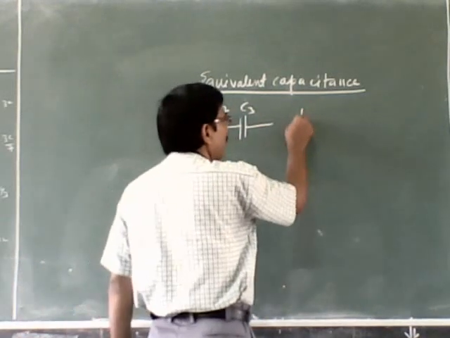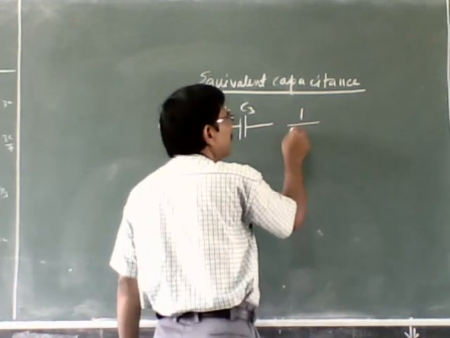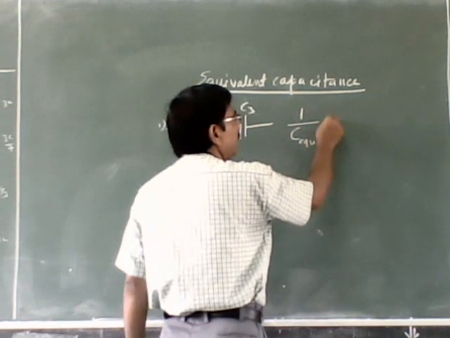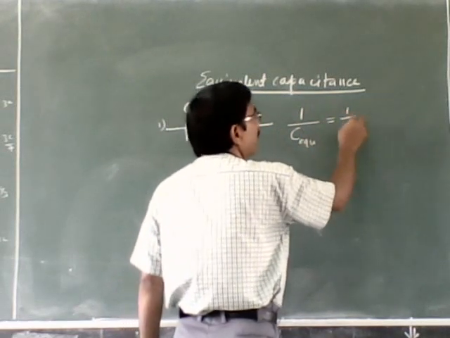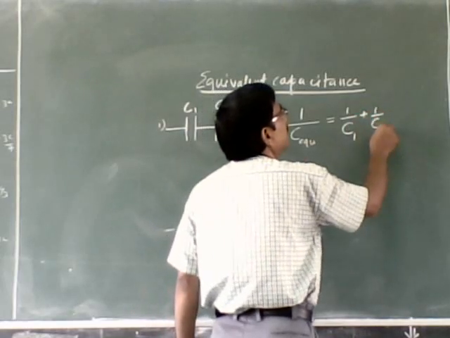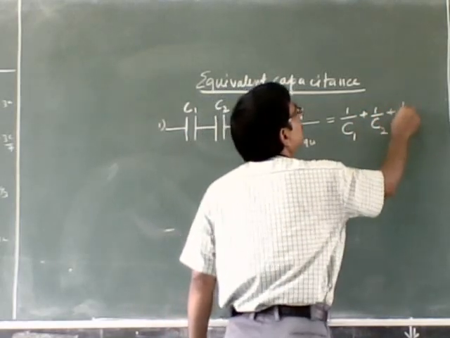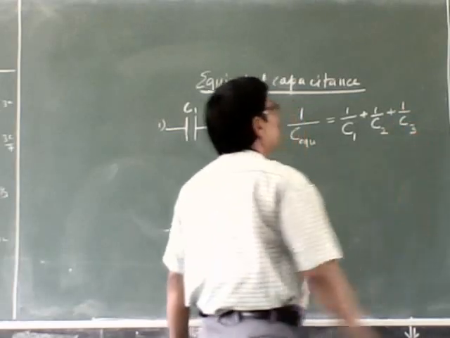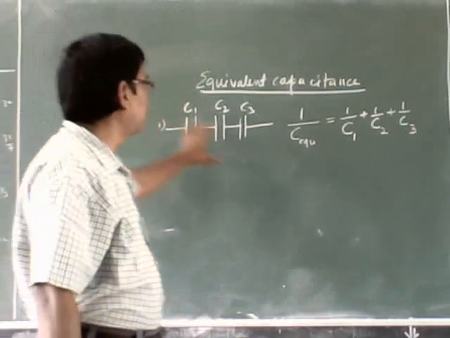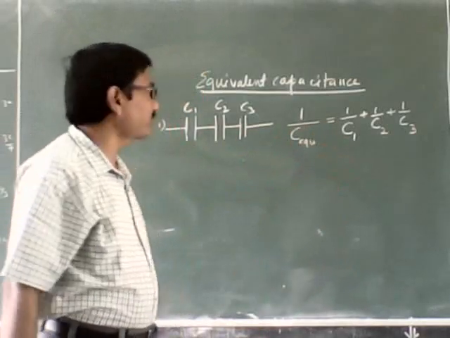Then the reciprocal of their equivalent capacitance, 1 by C equivalent, is the sum of the reciprocals of their individual capacitances, that is, 1 by C1 plus 1 by C2 plus 1 by C3.